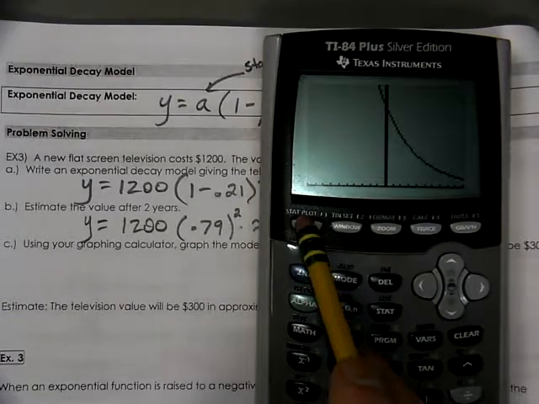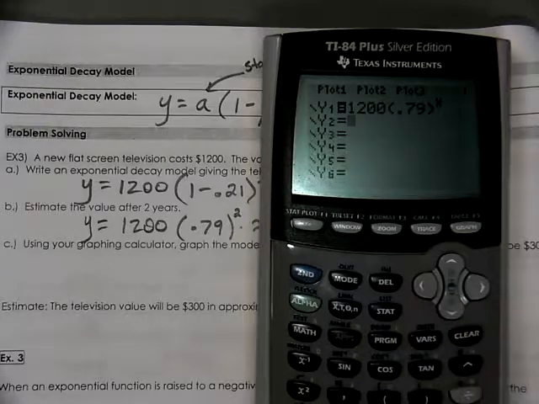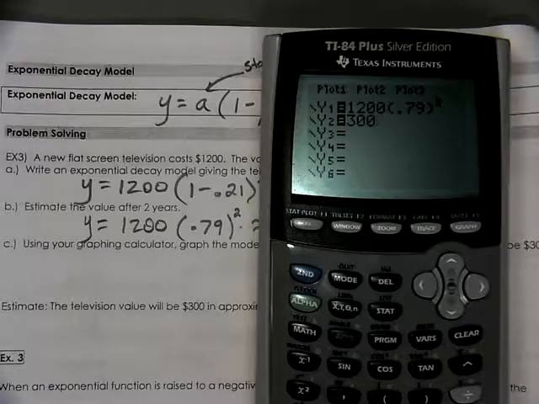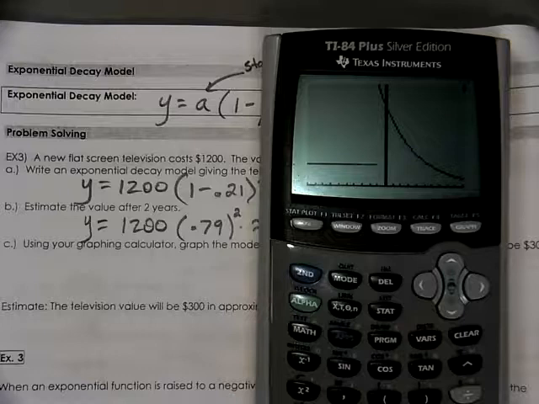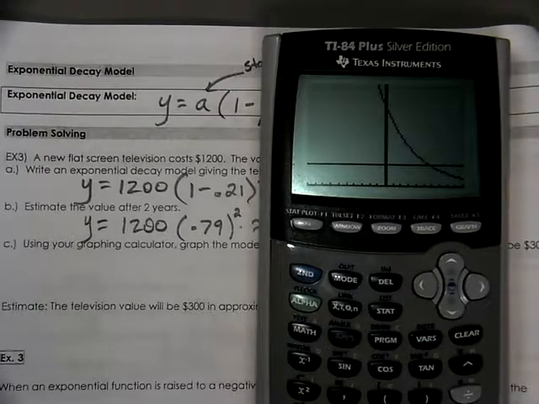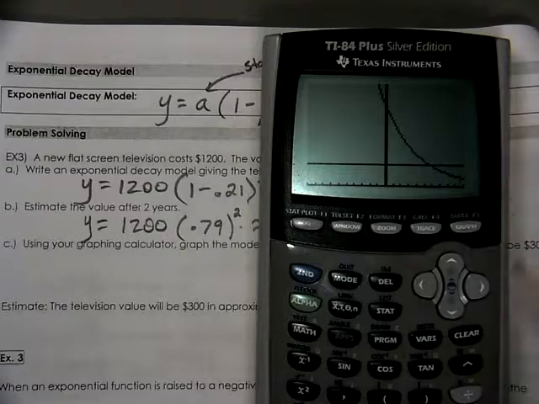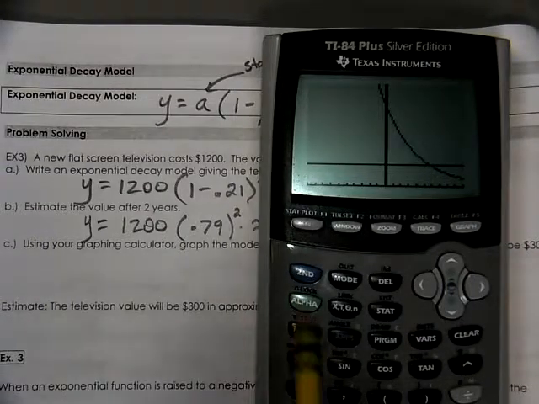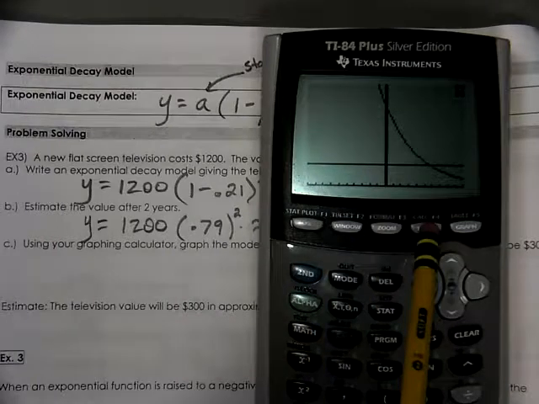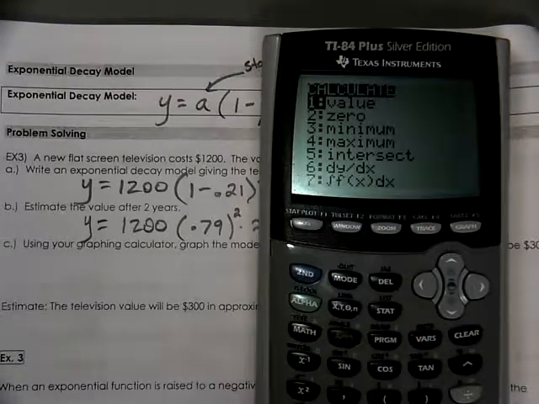In our y equals, we're going to put down 300 to find out when the graph exactly equals 300. Now we can calculate that location. What keystrokes do we need to make to verify where that intersection is? Second, trace. We go down to intersection.